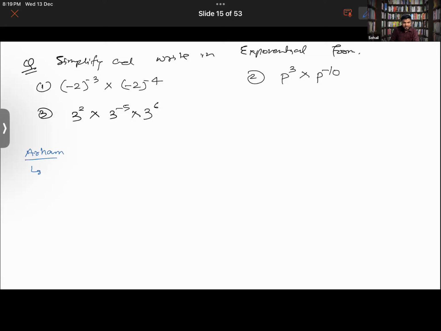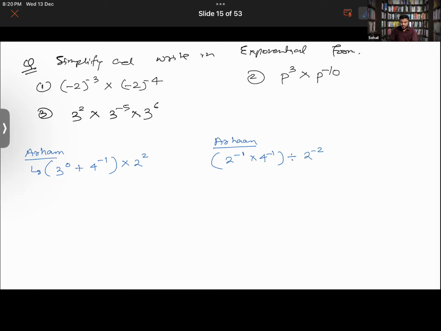Arham will be solving this question. Take multiply 2 raised to the power 2. Arhan, you would be solving this question: 2 raised to the power minus 1 divided by 2 raised to the exponent minus 2.